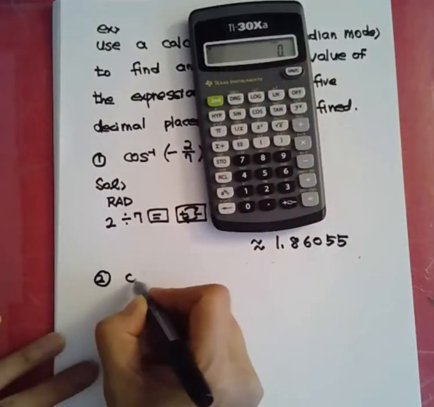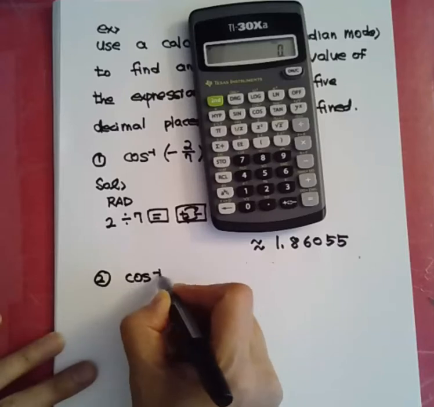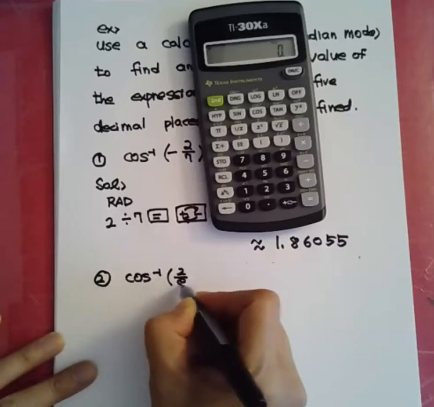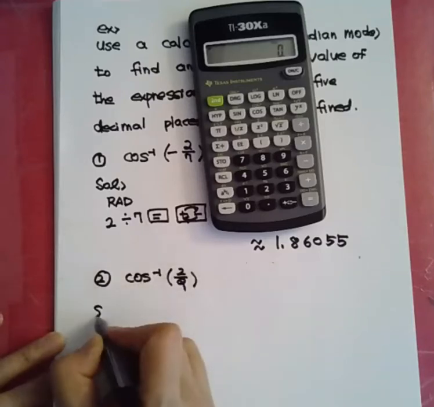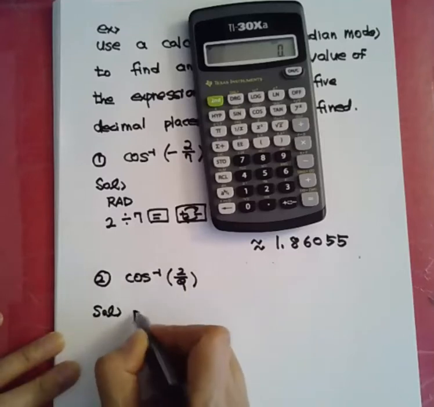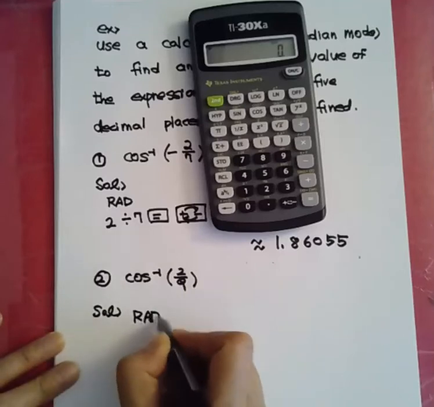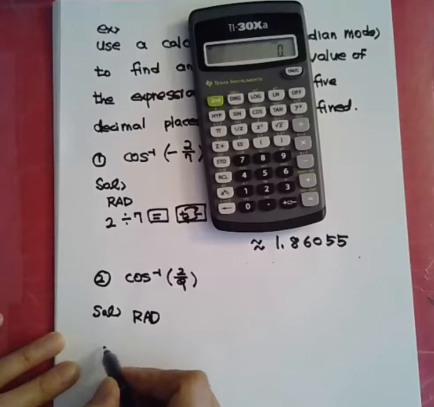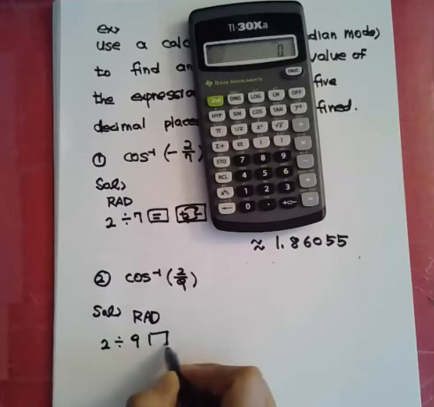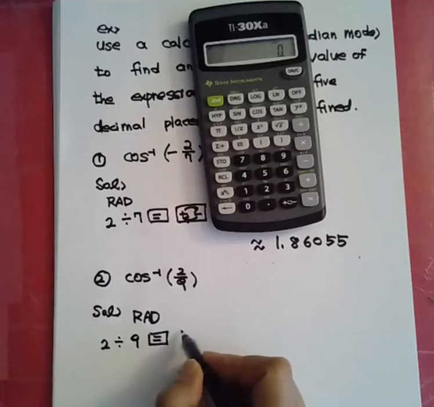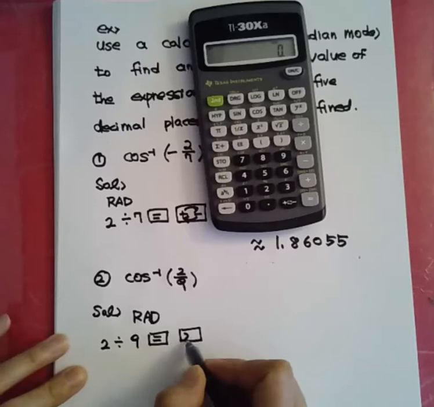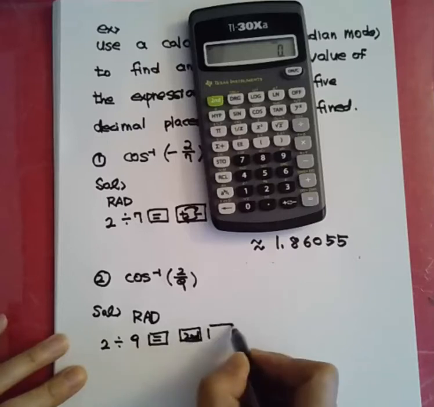Second question is cosine inverse of 2 over 9. Again, make sure that that is in the radian mode. It's simpler than the previous one. 2 divided by 9, and then evaluate, and then cosine inverse, second and cosine.